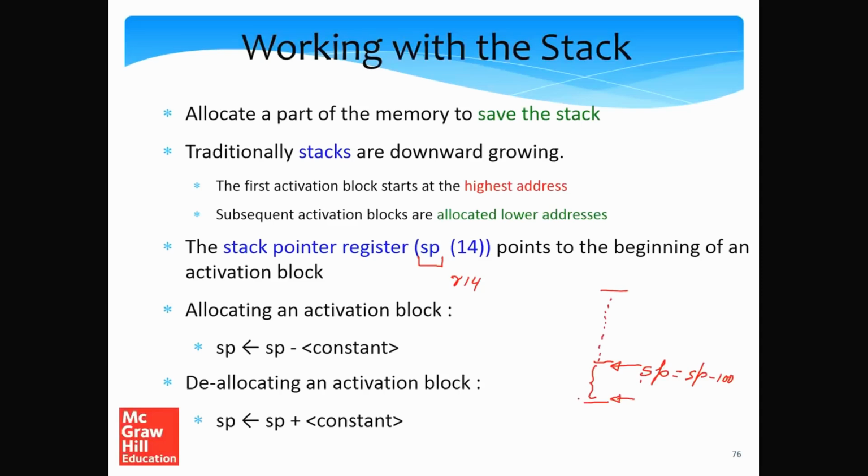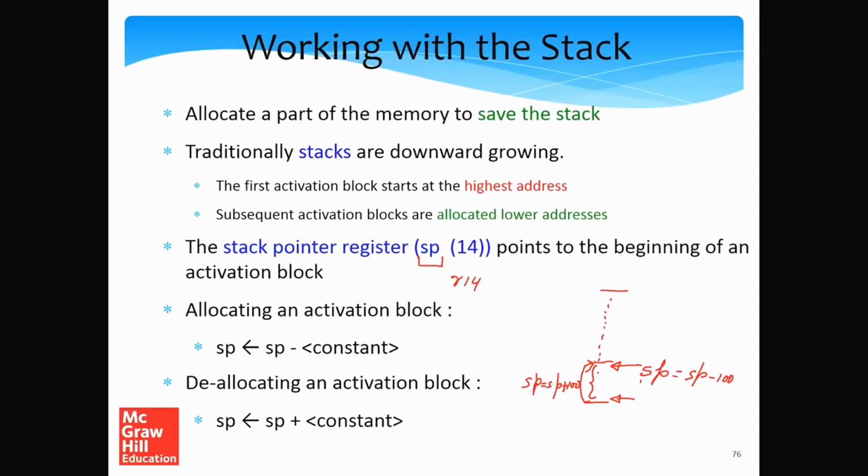Deallocating also requires a single instruction where we do SP equals SP plus the size of the activation block. If it's 100, then we fold it back up again. So allocating and deallocating an activation block is very simple. To allocate an activation block, we subtract the size of the block from the stack pointer, which is a constant and should be known beforehand.